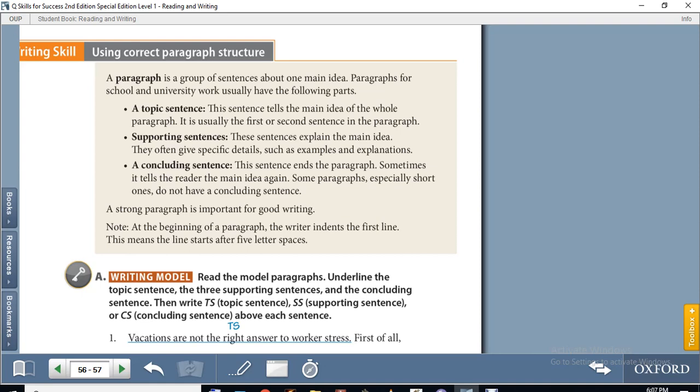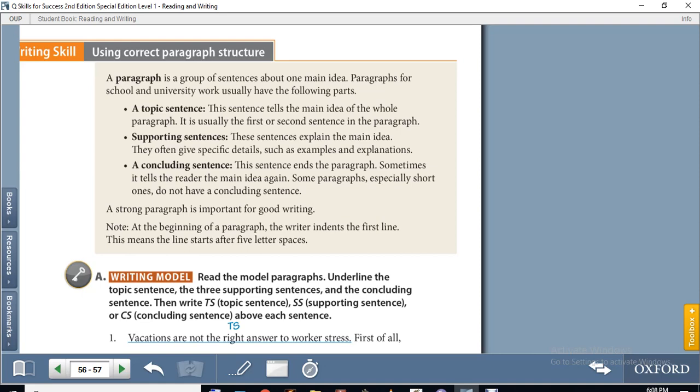And finally, a concluding sentence. This sentence ends the paragraph, so it's the last sentence. Sometimes it tells the reader the main idea again. Some paragraphs, especially short ones, do not have a concluding sentence. So, a strong paragraph, or a very good paragraph, is important for good writing.